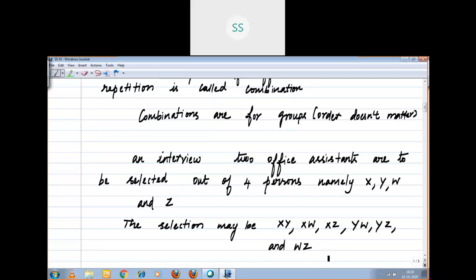We cannot write YX, since XY and YX are the same. Did you understand or not?